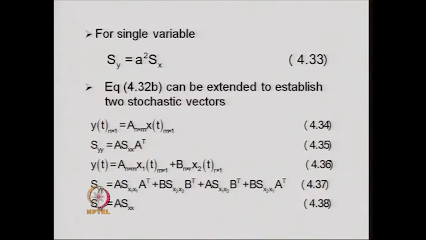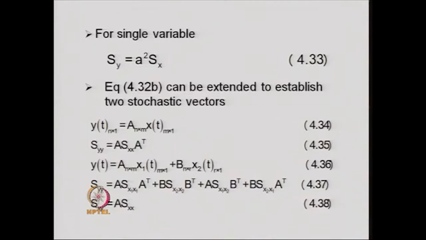The diagonal terms of the Syy matrix will be Sy1y1, Sy2y2, Sy3y3 and so on, and off diagonal terms will be Sy1y2, Sy1y3, and on the other half of the diagonal it will be Sy2y1, Sy2y3 and so on. So, we have a matrix Syy.